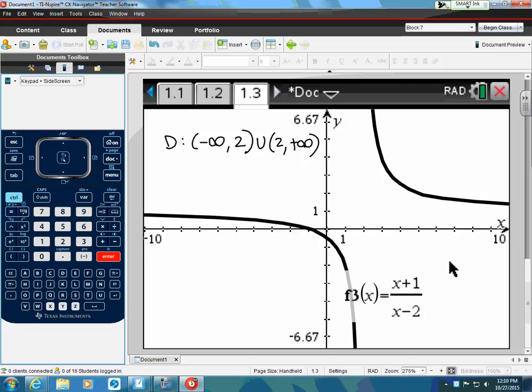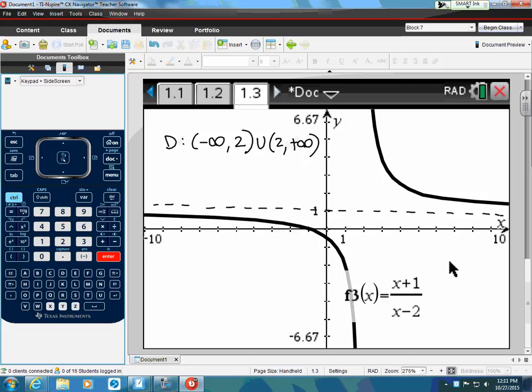Okay, what about the range? Well, how far down does the graph go? How far up does the graph go? Are there any missing values that we're never going to get out of the function? What do you think? It's never going to get a height of 2? I think what we're not going to get out of this function, it looks to me like we have a horizontal asymptote.